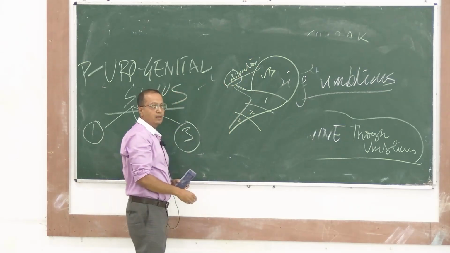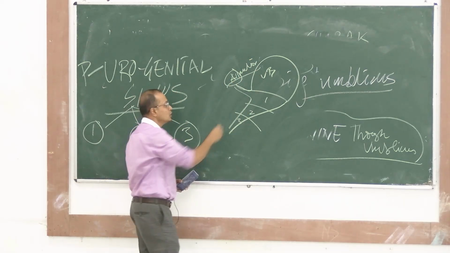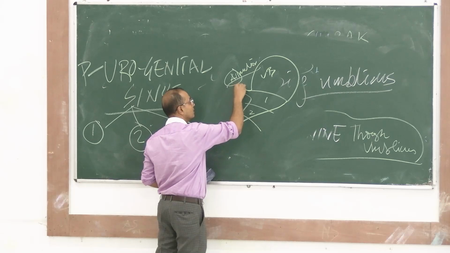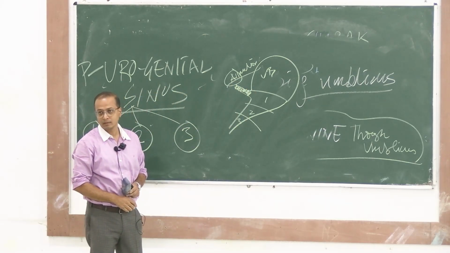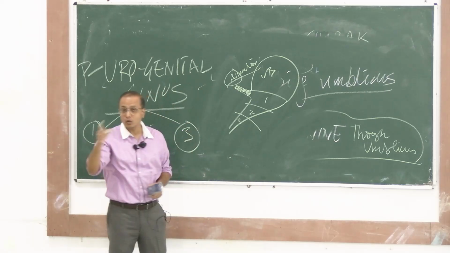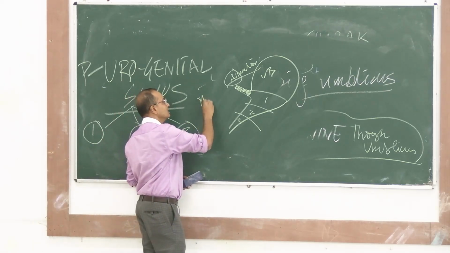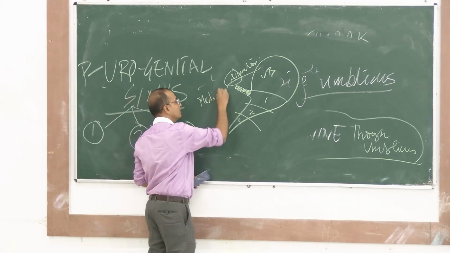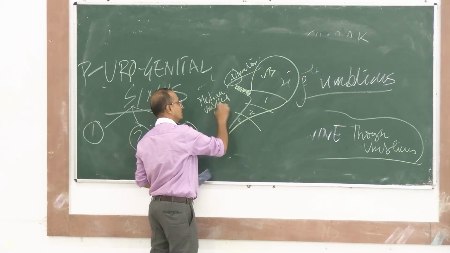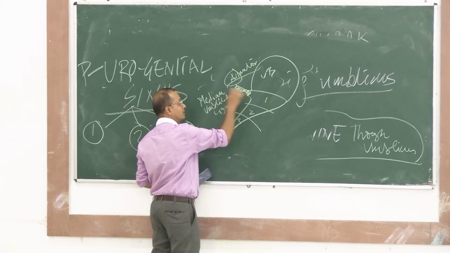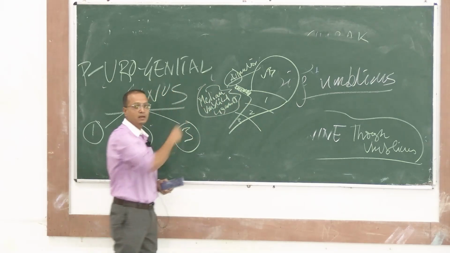Now, this allantois connection should normally become closed, and that closed allantois we call the median umbilical ligament. What is the median umbilical ligament?